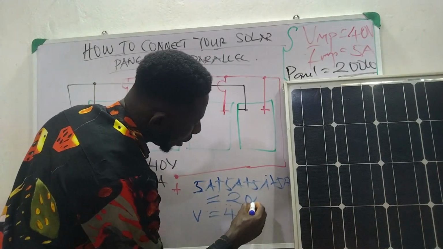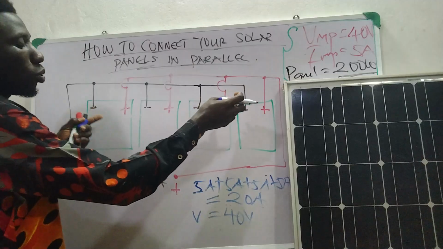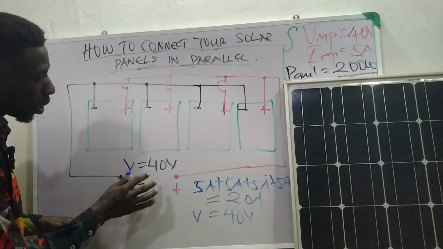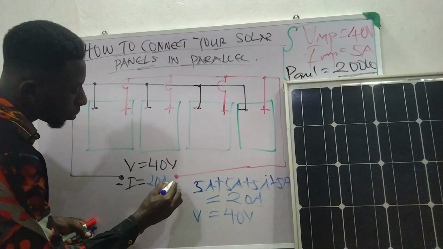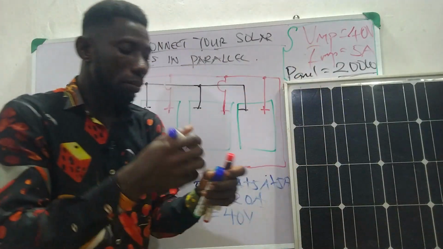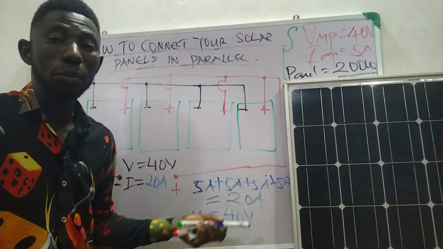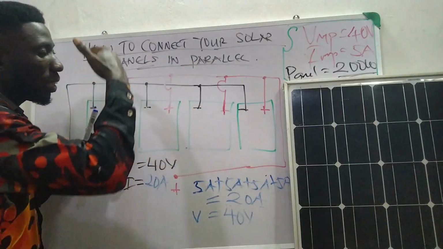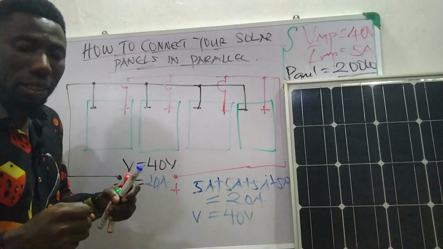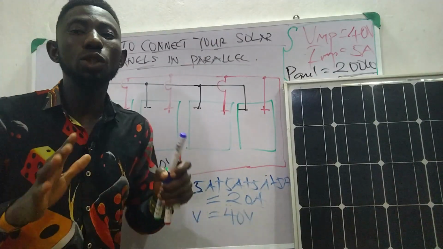It now gives me 20 amps. So if I connect 4 panels here, my current will now be 20 amps instead of 15 amps. If you want to add another one here, it will now give you 25 amps.